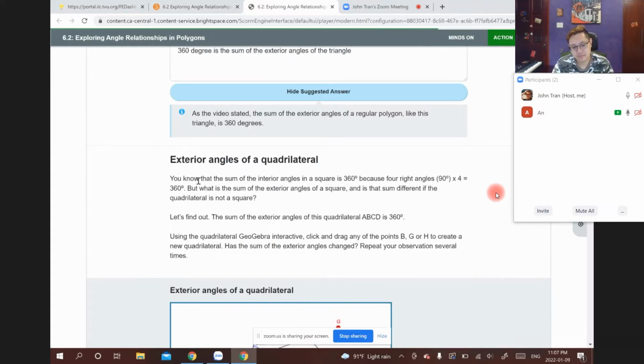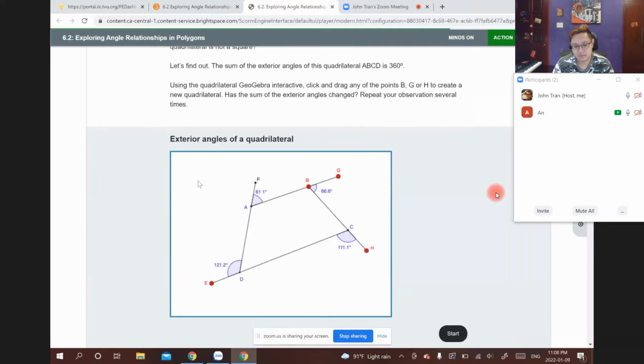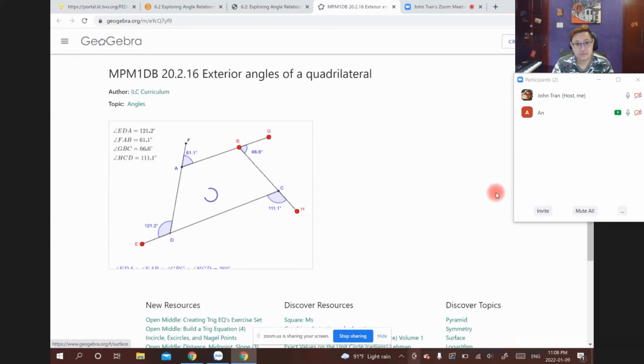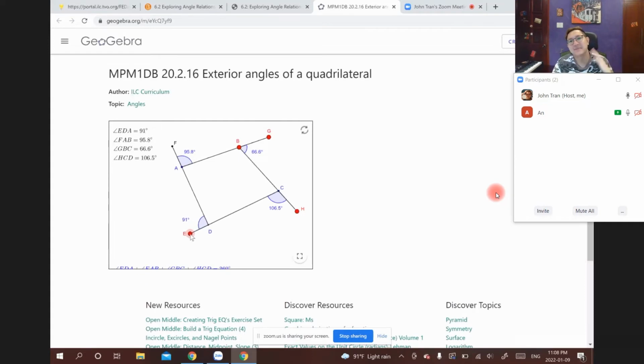But what is the sum of the exterior angles of a square? And is the sum different if the quadrilateral is not a square? Let's find out. It still adds up to 360 anyway, right?